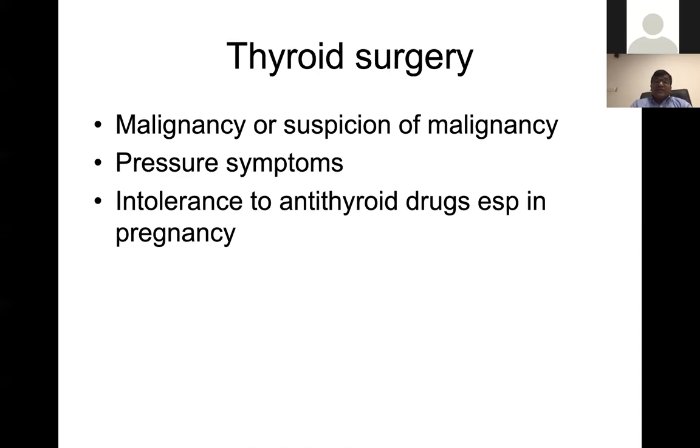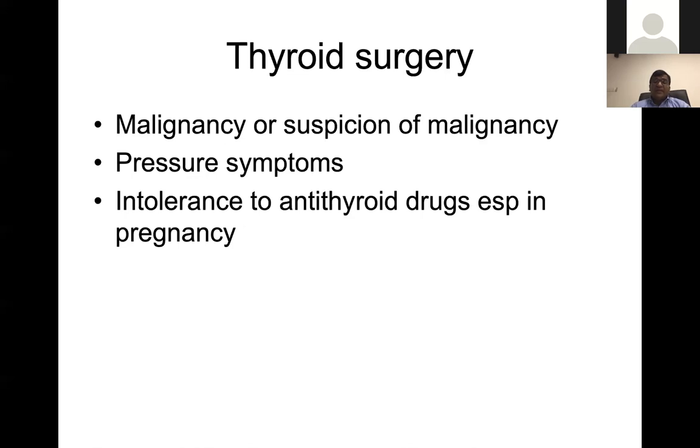Thyroid surgery is usually reserved mostly for people who have malignancy or suspicion of malignancy or pressure symptoms, or if the patient with thyroid overactivity has intolerance to antithyroid drugs, and especially in pregnancy when they cannot have I131 therapy.